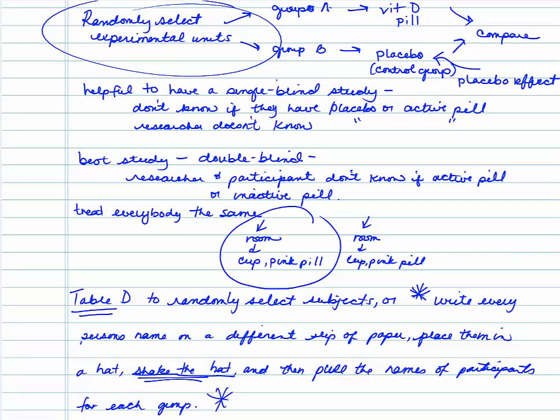And what ends up happening is this attention of being in a study and participating actually will cause people to have an increased response, even though they don't really have a pill that has any type of active ingredient in it. So people might get this pill, and let's say it's a vitamin D pill, and it might actually improve their health, even though the pink pill that they're receiving has no vitamin D within it.